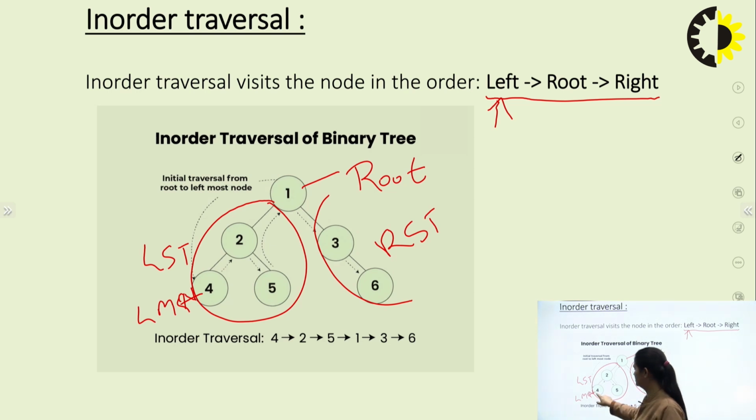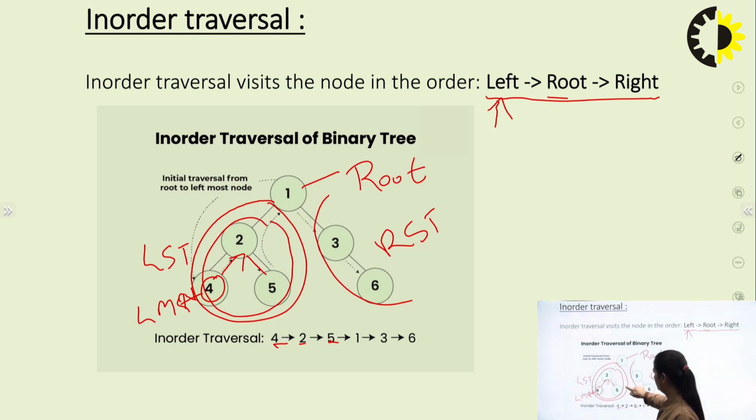First we visit the left node, that is 4, then visit the root, and after that we visit the right node of this root, that is 5. After completing the left, we visit the root, that is 1.